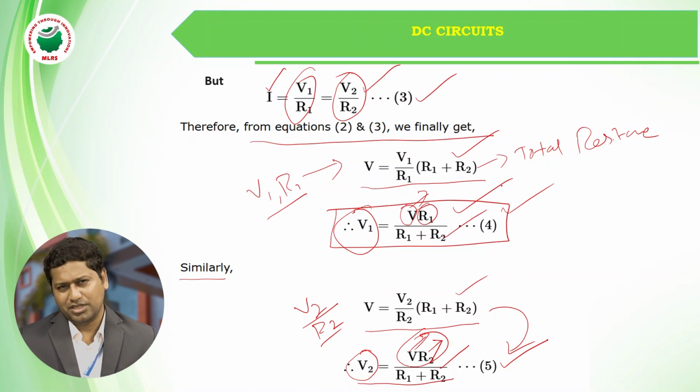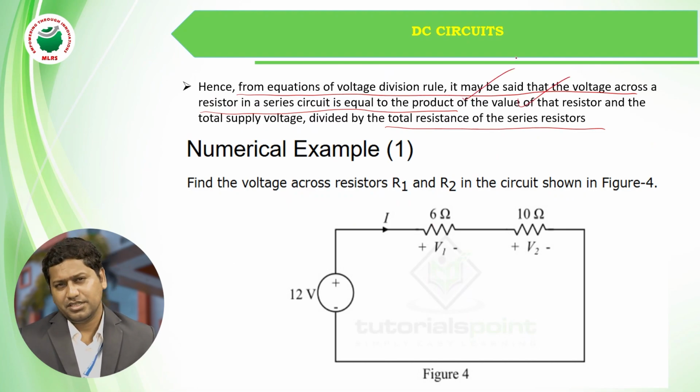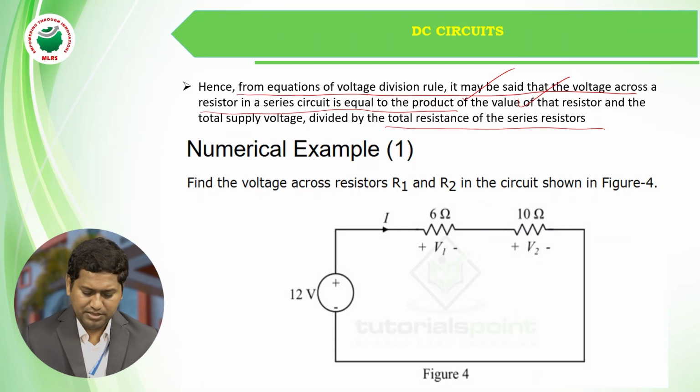Total resistance is what? As we have R1 and R2, the total resistance will be R1 plus R2. So for this sentence we have given the justification. So let us go with a numerical example.